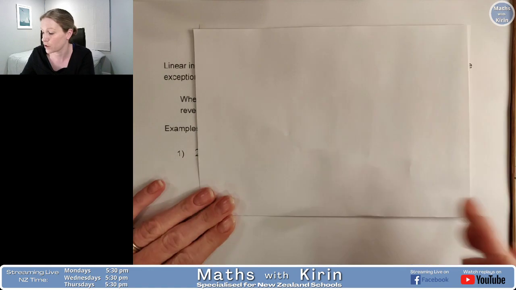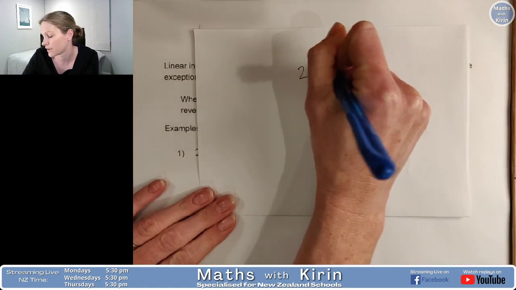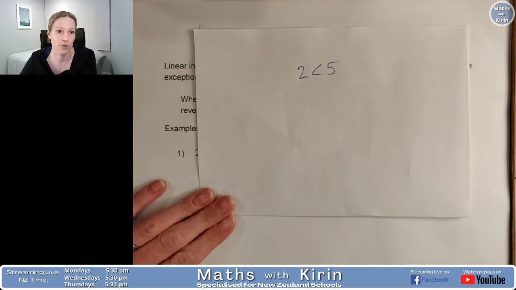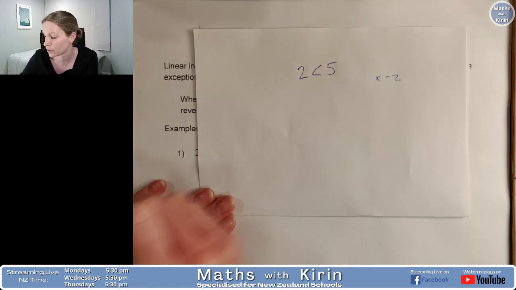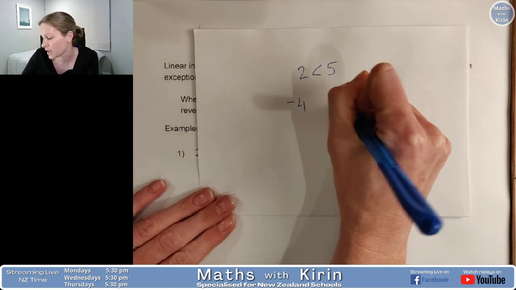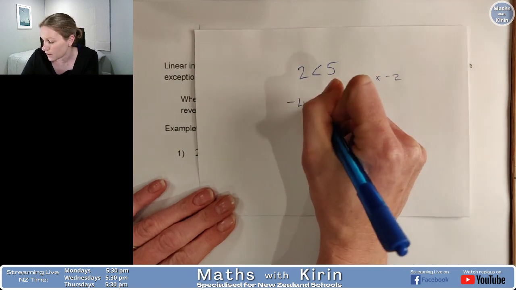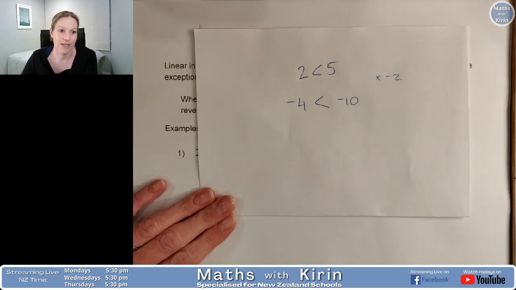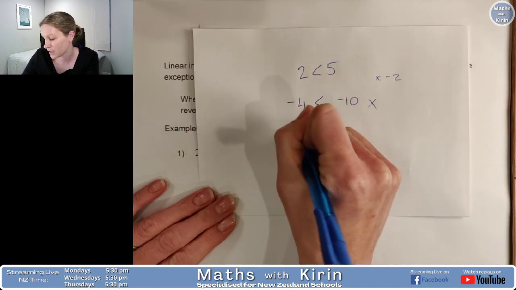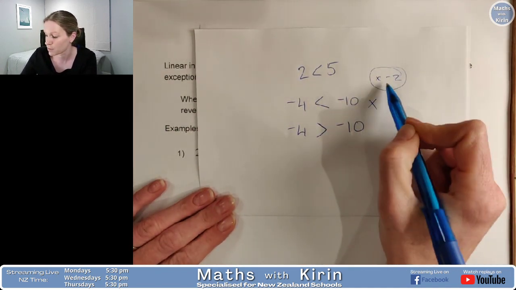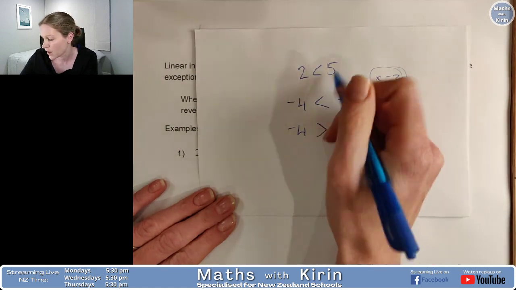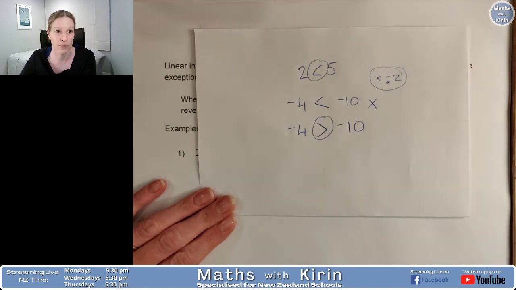Okay, and if we just sort of think about why this might happen, we can agree that 2 is less than 5. If we multiply those by, say, negative 2, we get negative 4 and negative 10. Negative 4 is not less than negative 10. That's wrong. Negative 4 is greater than negative 10. And so because we're multiplying by this negative 2, our inequality reverses.